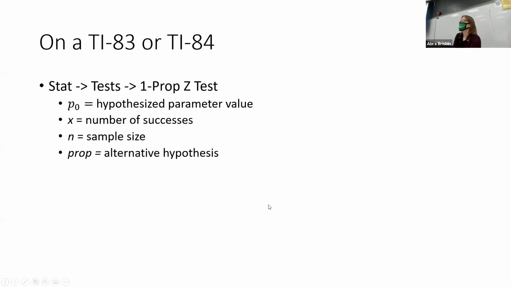So to compute the probability that Y is less than or equal to 56 using a normal distribution, we could use normal CDF, but your calculator has a built-in function for this by going to stat and then tests and then the one prop z test, which stands for one proportion z test.